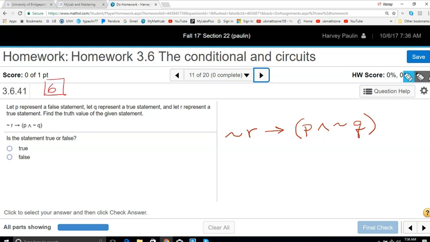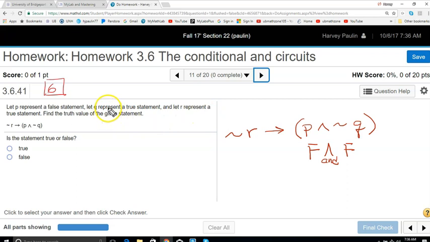Now, example 6 may look complicated, but again, take it item by item. Now, here we're saying, let P represent a false statement. So in a sense, this is going to be false. Remember, this is an and. Let Q represent a true statement. But now we're negating a true statement, so this becomes false.